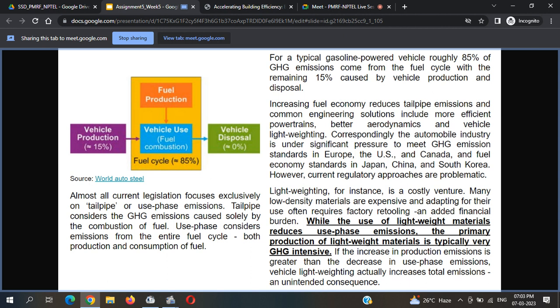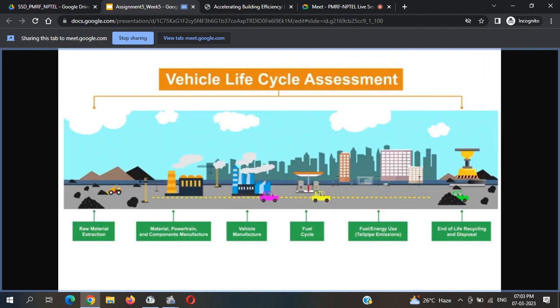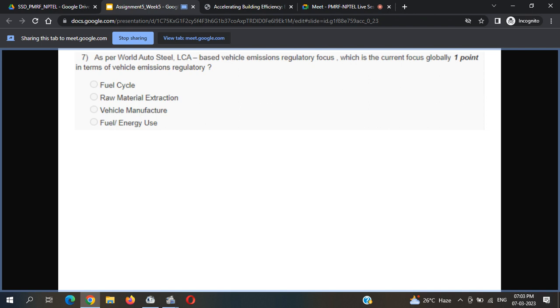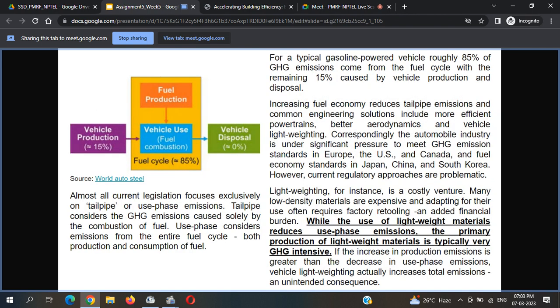So this is asking what the global focus is on which part of the life cycle of the vehicle when it comes to global greenhouse gas emission. So you can see fuel production and vehicle fuel usage releases the most amount, or most percentage, of greenhouse gases in the whole vehicle's life cycle.